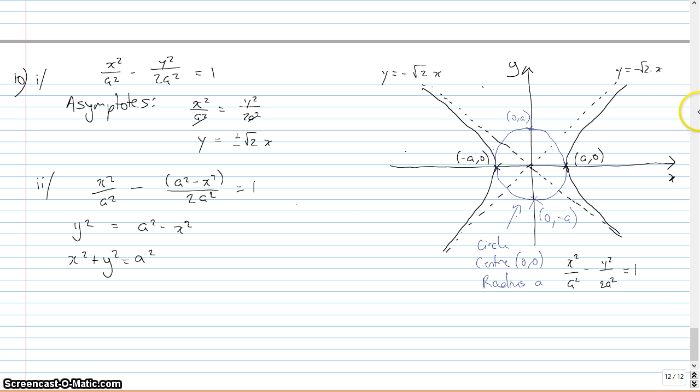Part 3 is find the range of values of b for which the graph has 2 points of intersection with C. So the graph that I have here is the graph of x minus b squared plus y squared equals b squared. So this is a circle centered on b, 0, radius b.